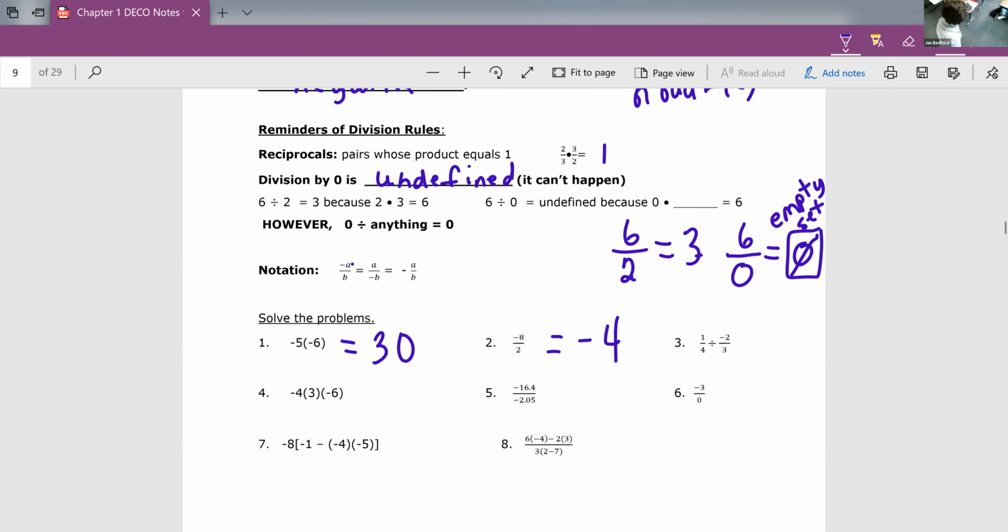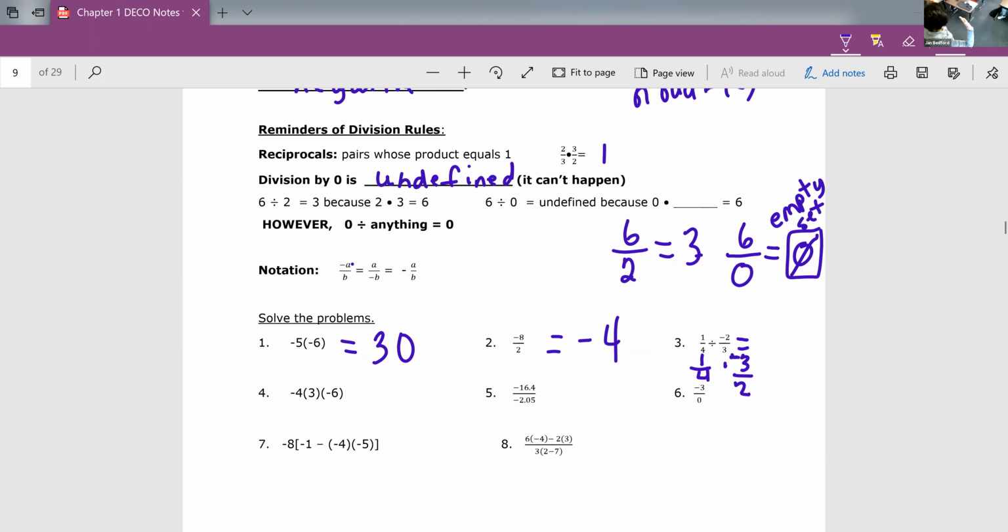Now, let's make sure we can keep up with this one. It's a fraction, but now we've got the sign rule to keep up with too. So what am I supposed to do when it's a fraction divided by a fraction? Keep, change, flip. So I'm going to keep the 1/4. What am I going to change the division to? Multiplying, and then I'm going to flip negative 2/3 and make it 3 over, and it doesn't matter if I put the negative sign down here with the 2 or I put the negative sign on top.